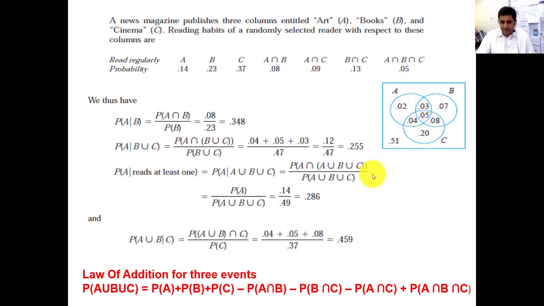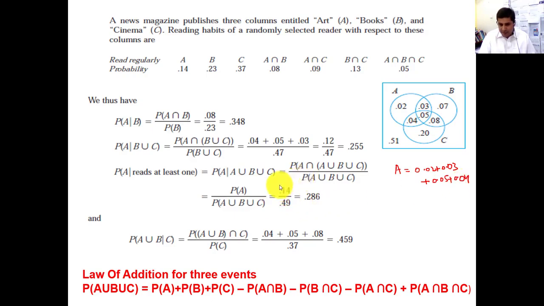For example, what will A be? A is 0.02 plus 0.03 plus 0.05 plus 0.04. So this whole area, when you add it, will be common in this one. So when you add it, it is 0.14.